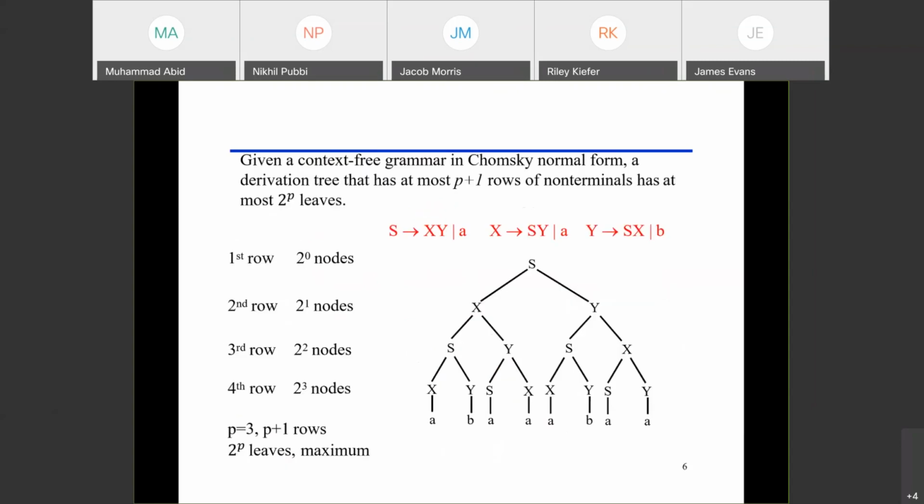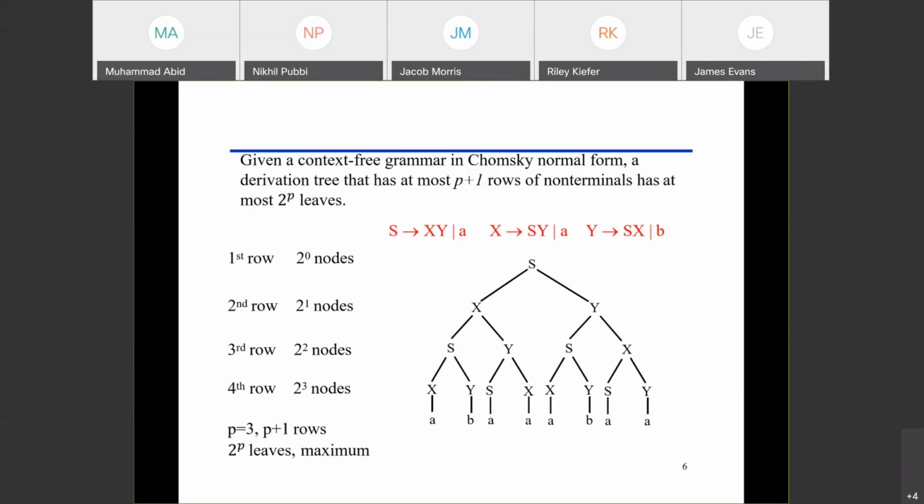So now, this is some information which we just learned, and what we want to predict from there, why we are doing this. We are saying that given a context-free grammar in Chomsky normal form, a derivation tree that has at most p plus 1 rows of non-terminals has at most 2 raised to power p leaves.